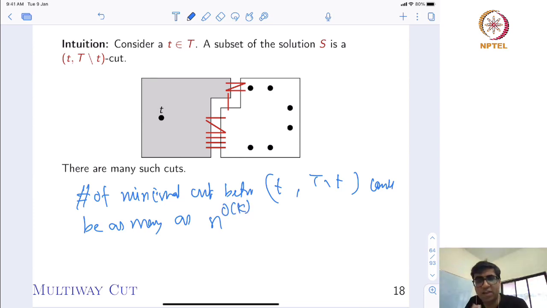So an algorithm where we enumerate all minimal cuts, delete them, and then try to disconnect everybody else will not lead to a good algorithm, because that could become n to the power big O of k squared. So that's not good, right?